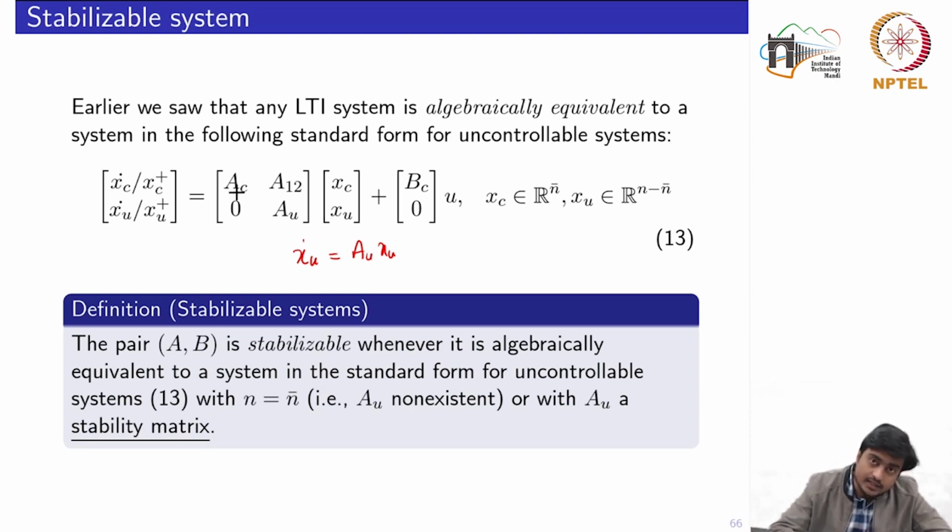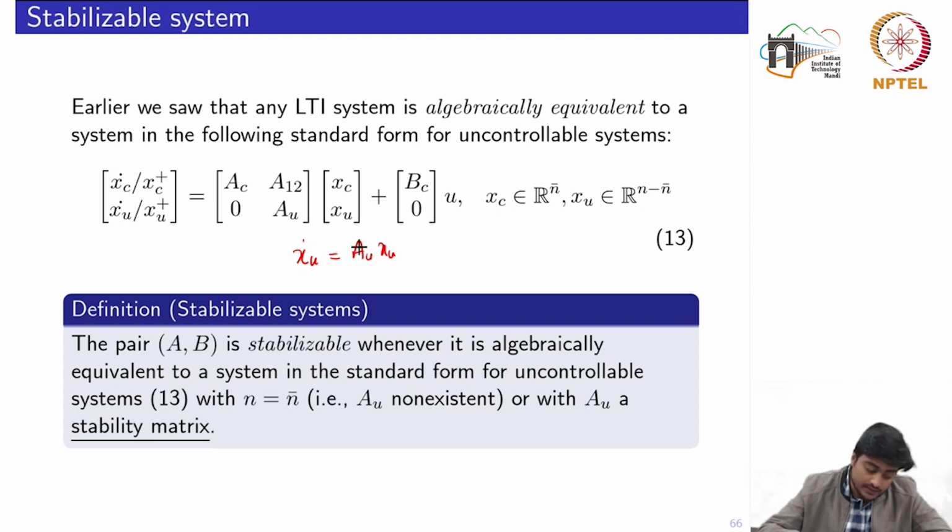Now this AC or the state XC is controllable, so it does not matter whether the eigenvalues of the AC matrix are on the left hand side or on the right hand side, but whenever the eigenvalues of this AU matrix lie on the left hand side, then we say that the system is stabilizable.